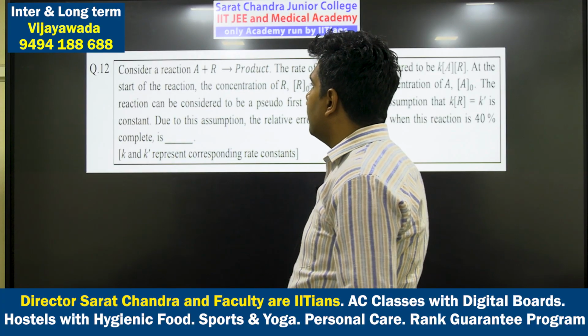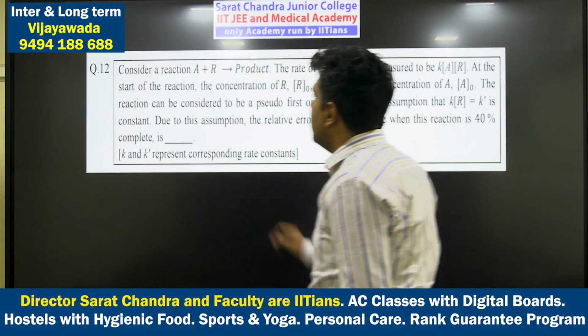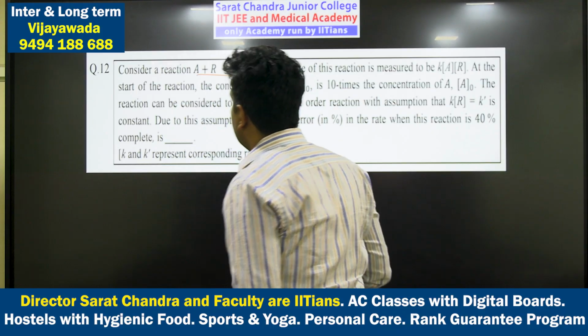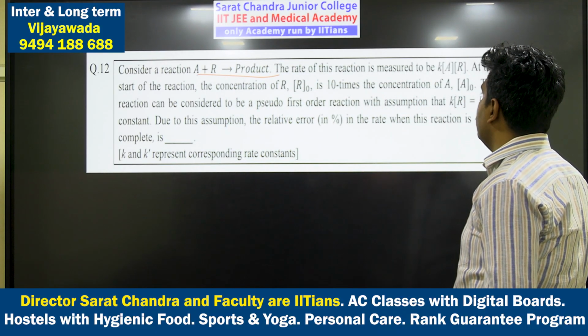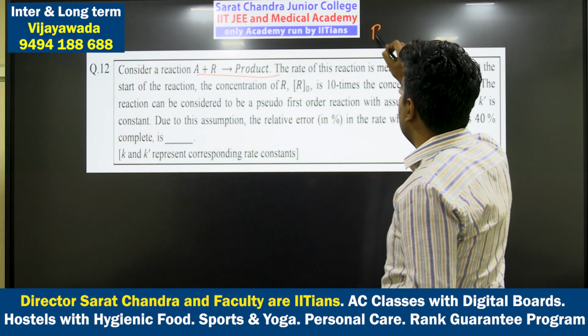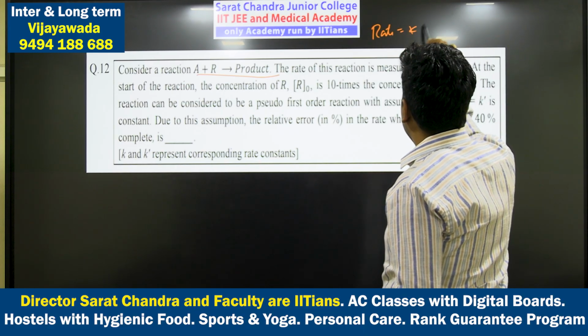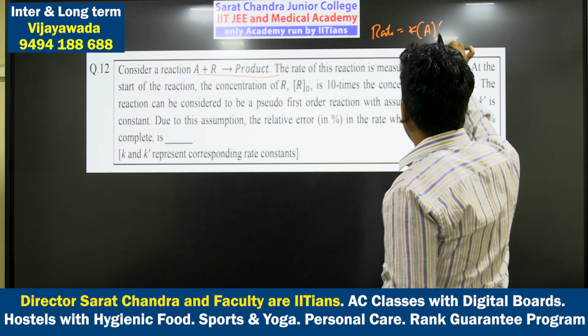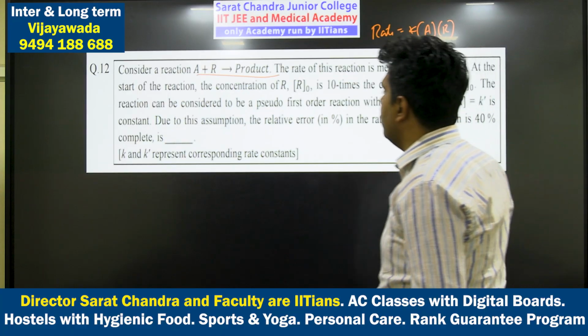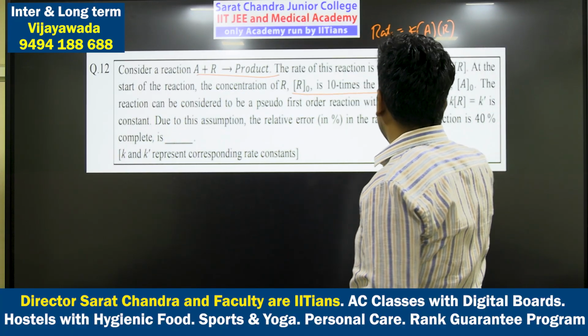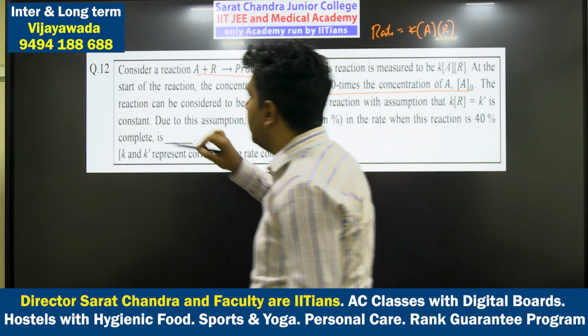Next question. Consider the reaction A plus R is giving me product. The rate of this reaction is measured to be rate constant into concentration of A into concentration of R. At the start of the reaction, the concentration of R naught is 10 times the concentration of A, that is A naught.